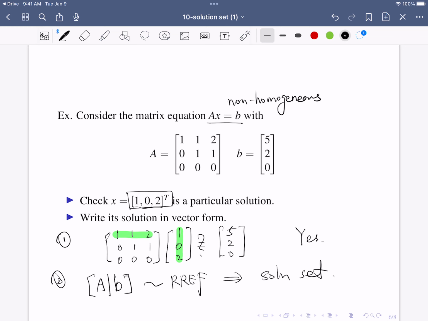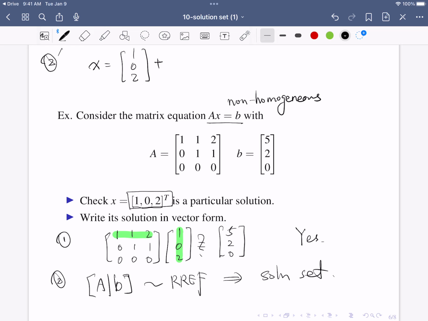So an alternative way to find the solution set is to write the solution in PVF form, in vector form. First of all, particular solution 1, 0, 2. This is one of the solutions. And any solution from the kernel.